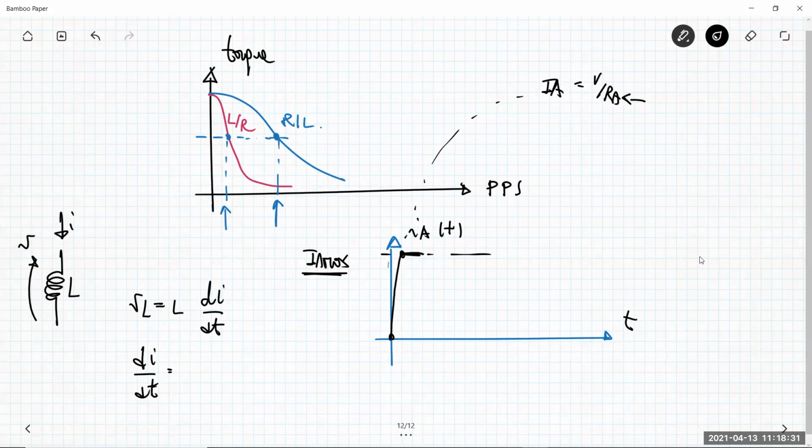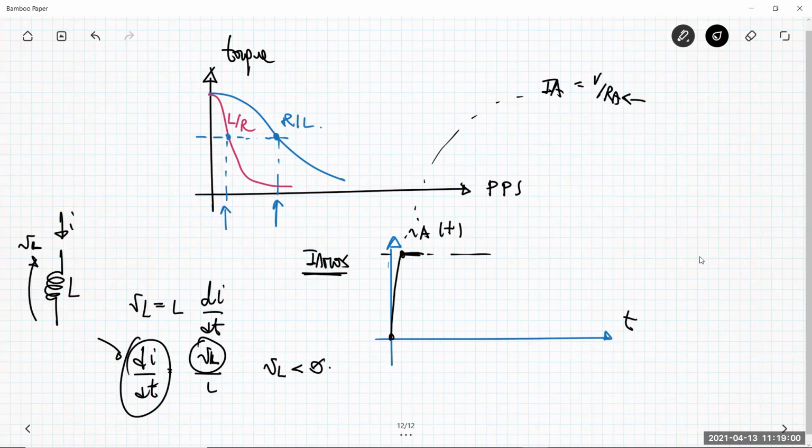The slope of the current versus time depends on the ratio between VL and the inductance itself. So it depends on the voltage V. If you want dI/dt negative, it means that you need VL negative. And the higher the negative voltage applied to the inductor, the higher the negative rate of the current versus time.